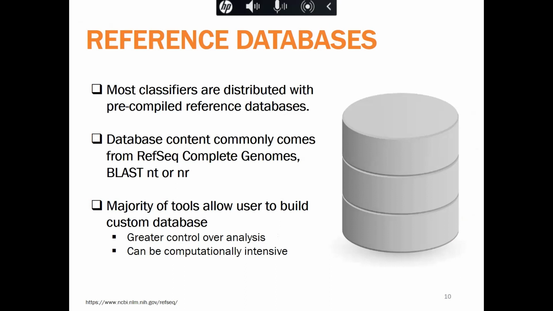However, one of the common things is that most of the data actually comes from the NCBI RefSeq complete genomes for microbial sequences, as well as the BLAST NT or NR databases, which are for the high quality nucleotide and protein sequences. A lot of the tools also allow the user to build a custom database based on your desired content or whatever your research question is. This can be quite a computationally intensive process, but it affords greater control over the analysis.